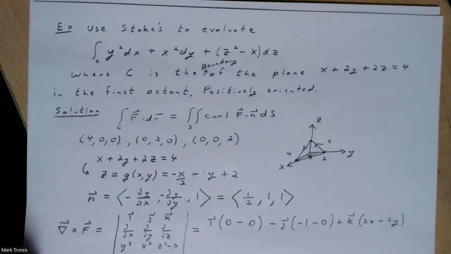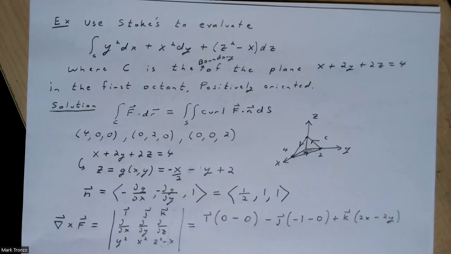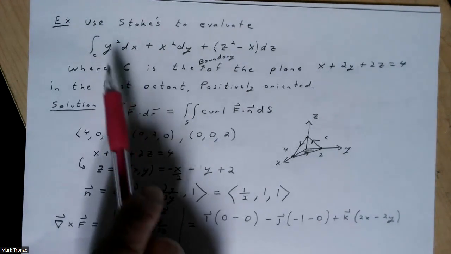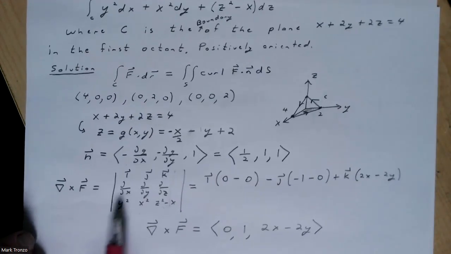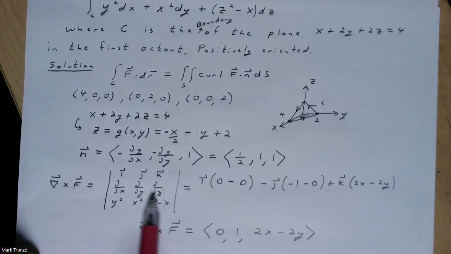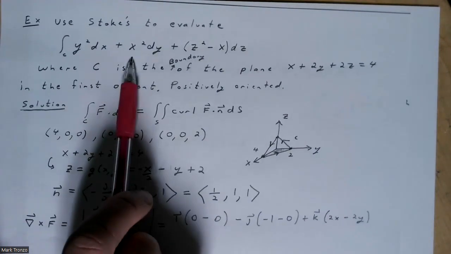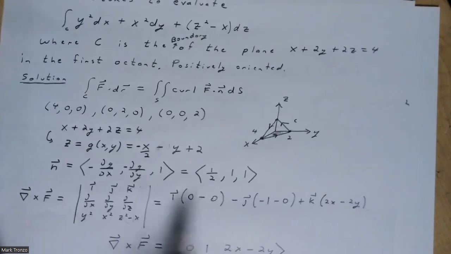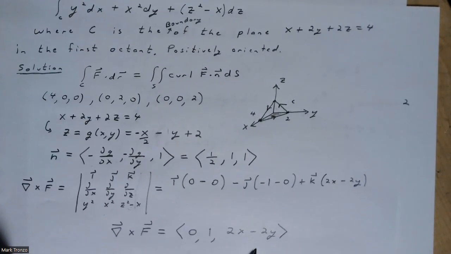But again, let's just review what we did. We wanted to evaluate this using Stokes' theorem. We did the curl. Again, we identified that when you do the curl, it's going to be dx, dy, dz, and these components here. Do the curl, we got this.